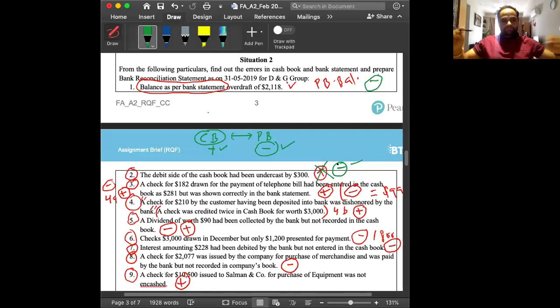Number 3, a check for $182 drawn for the payment of telephone bills had been entered in the cash book as $281, but was shown correctly in the bank statement. Some said plus, some said minus $99.